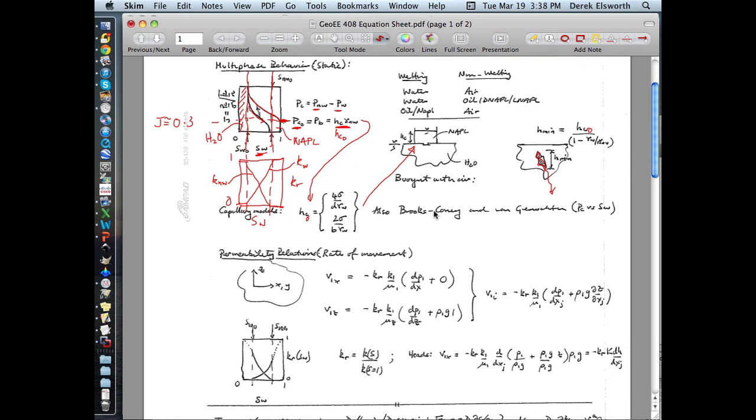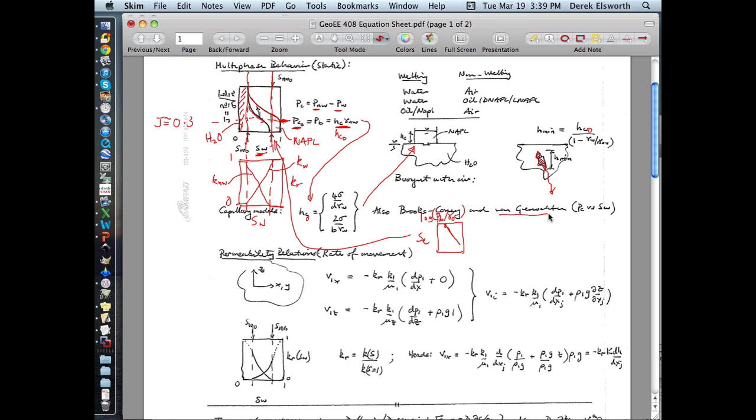We talked about Brooks-Corey plots, just as convenient ways to represent saturation versus bubbling pressures, typically divided by unit weights. These were log values, and they were just linear terms, which were basically this expression here, just stated in a different way.